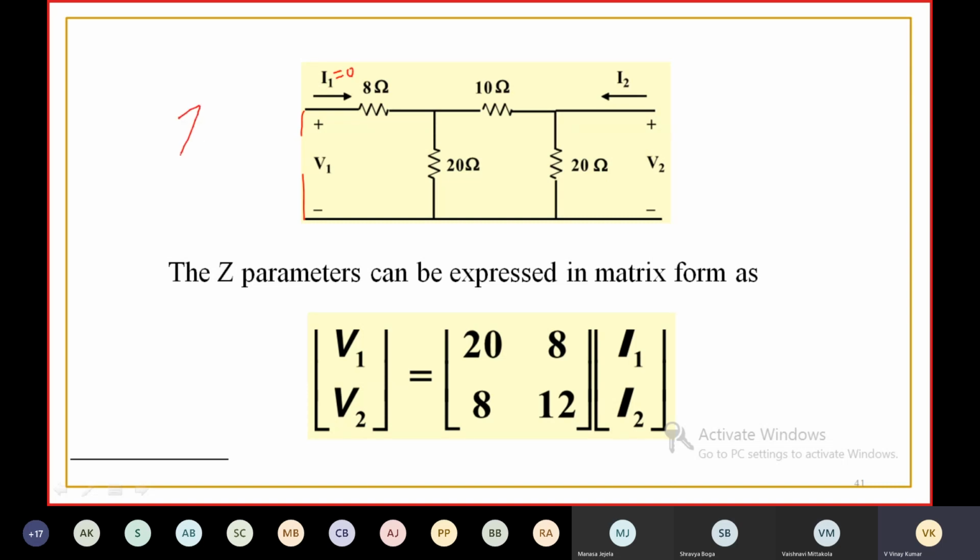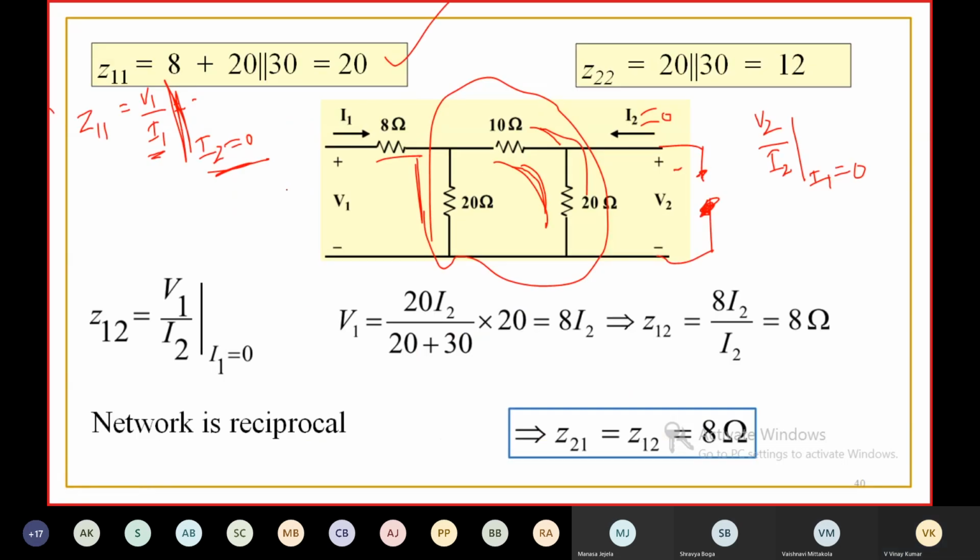Then you can find Z22 and Z12. Z22 is V2 by I2, sorry, V2 by I2, when I1 is 0. What is Z12? Z12 is V1 by I2 when I1 is 0. So from this circuit you can find Z22 and Z12.